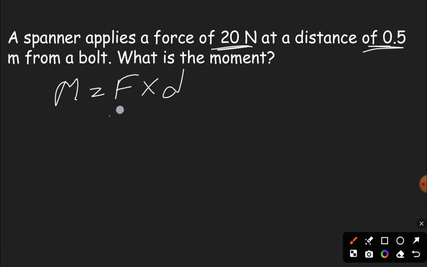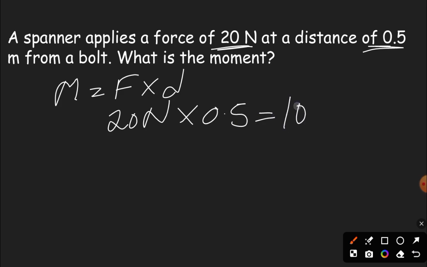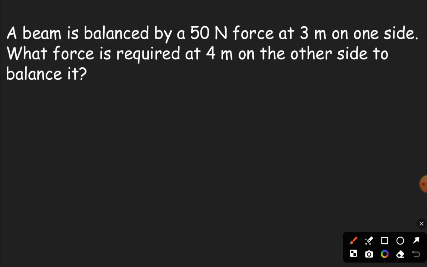The force here is 20 Newton. Your distance is 0.5 meters. So after doing your calculation very well, you are going to have 10 Newton meter.